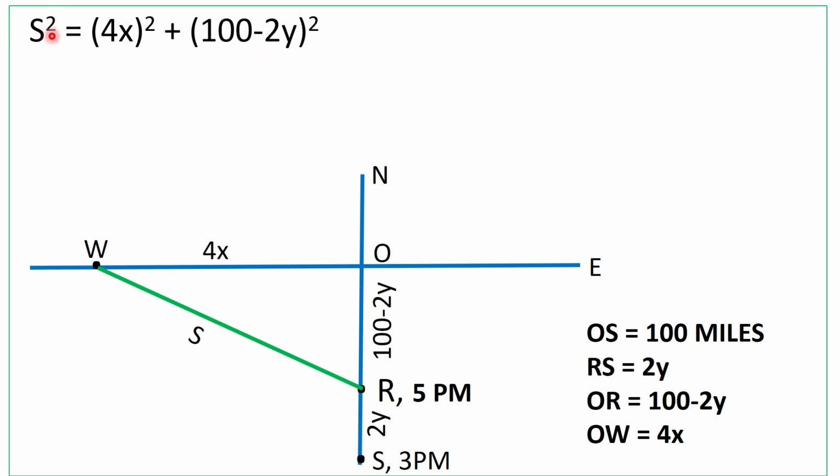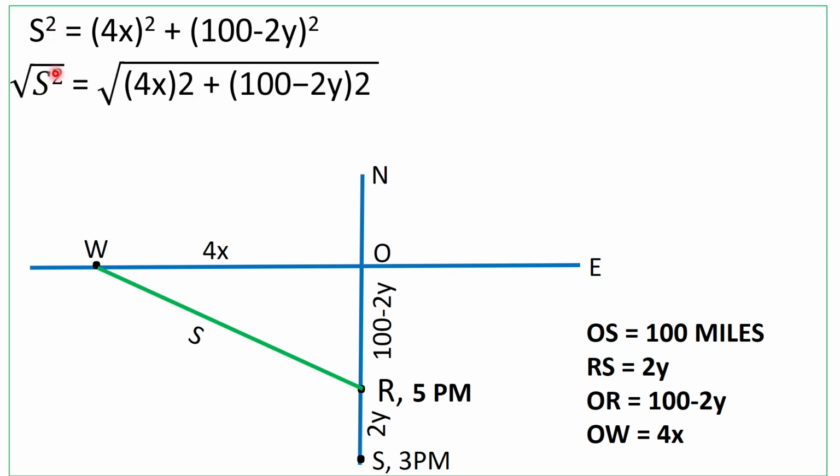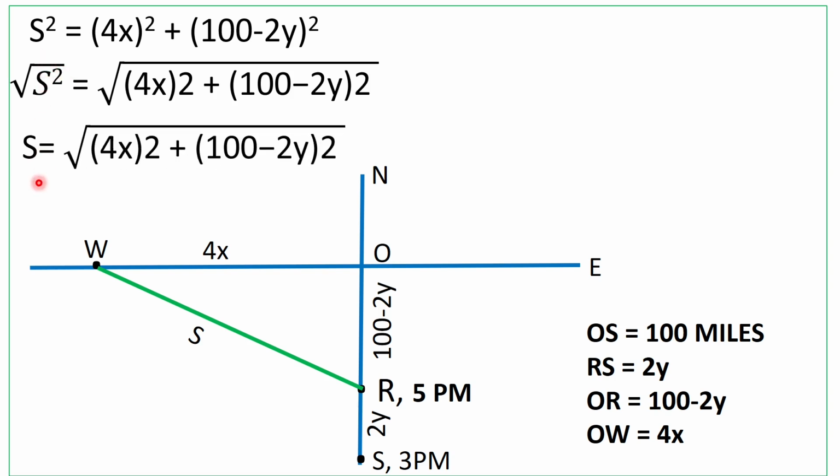Now to cancel the square, we take the square root on both sides. So S is equal to the square root of 4x squared plus 100 minus 2y squared. This is the distance between ship A and ship B, and this is the correct answer of our question.